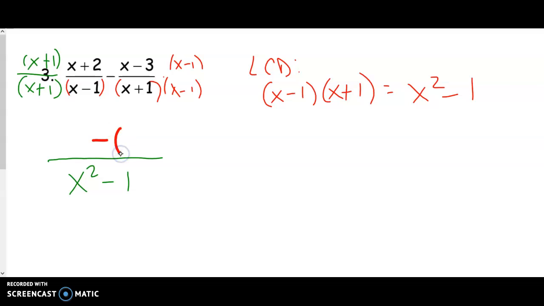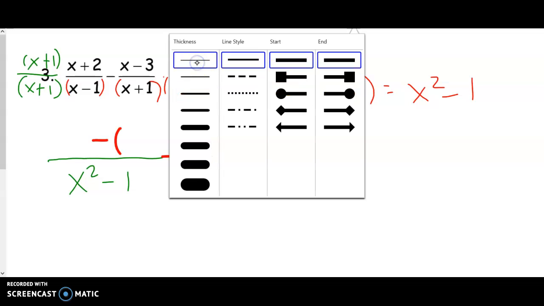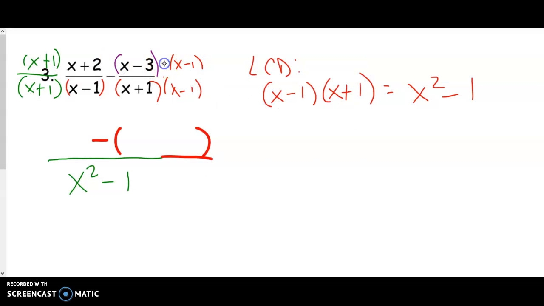So we're subtracting the entire product of x minus 3 times x minus 1. What's that going to be? X squared plus 3 on the back end, minus 3x minus 1x, so minus 4x. So that was that product.